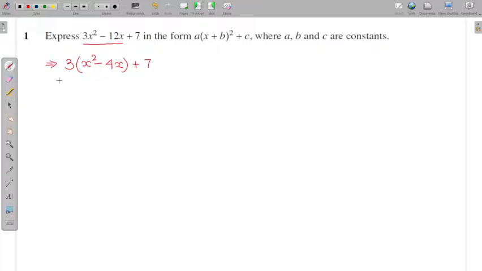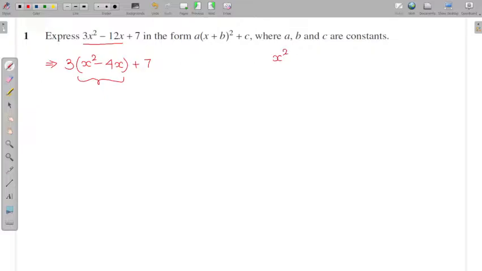So next, see, we have this expression in the brackets. So we have to now express this expression in this format, which is x plus b whole square. And there is a formula that you can use to do so.